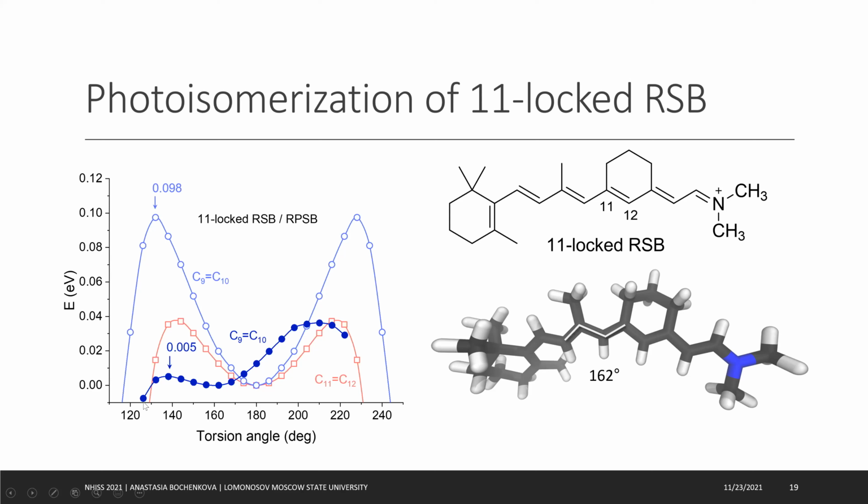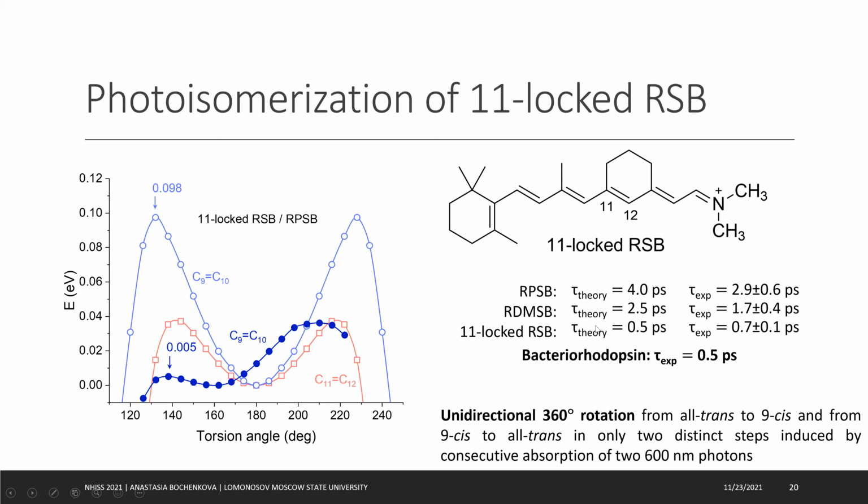And now the potential looks highly asymmetric, and also the barrier from one side drops to basically nothing. And of course, by looking at the calculations and at the structures, it is very easy to see that the structure becomes non-planar in both the ground state and the excited state. Here you can see the structure in the excited state, and it is highly twisted. That, of course, explains why the barrier drops dramatically when going to this locked version.